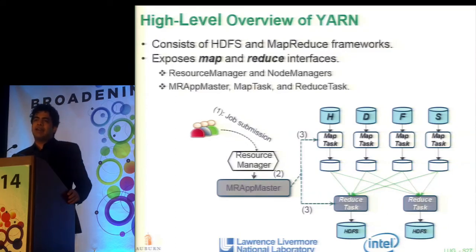So basically they try to make it a generic resource scheduling framework. It has other components, such as MapReduce, which runs as an application on Yarn. And then you have the distributed file system, which is HDFS. In our project, HDFS basically gets eliminated because we are using Lustre.